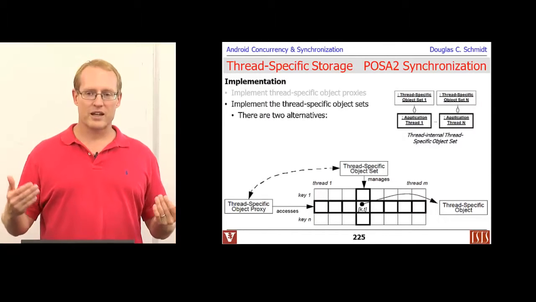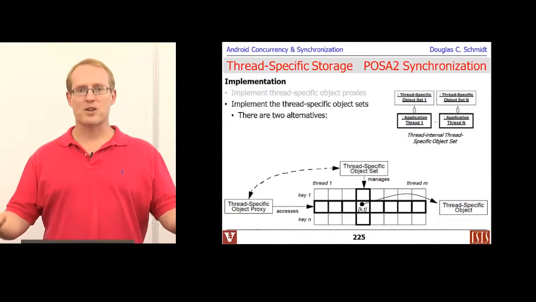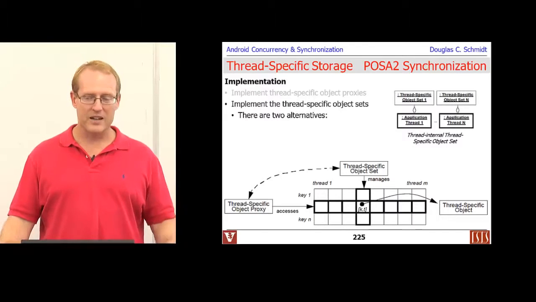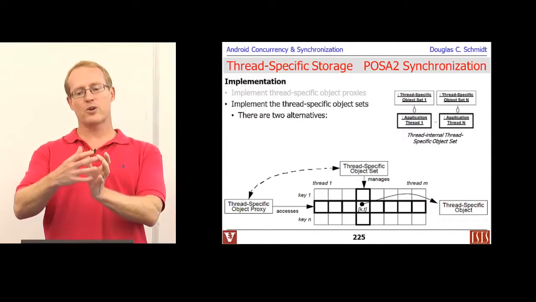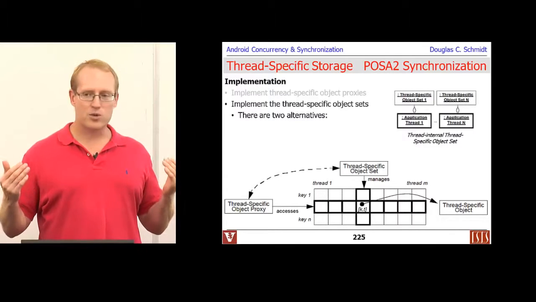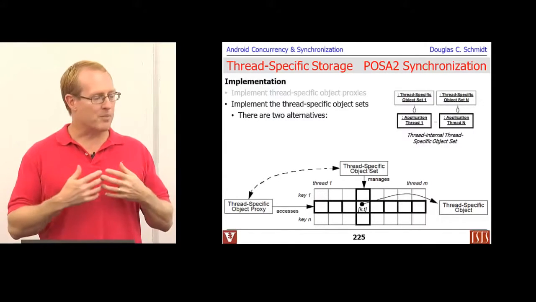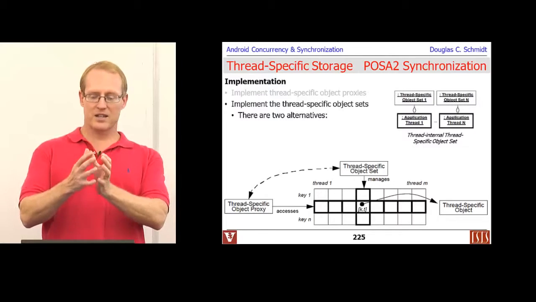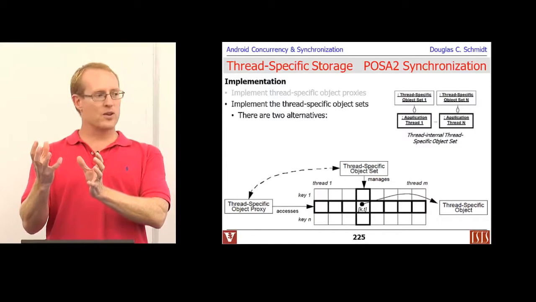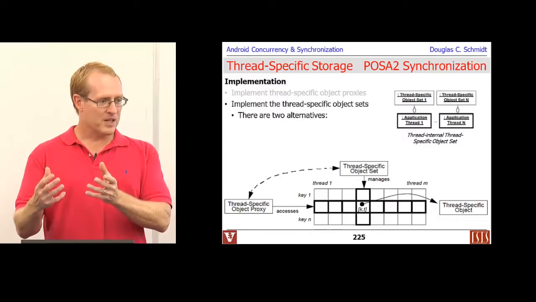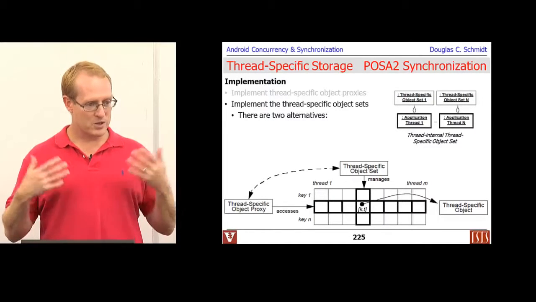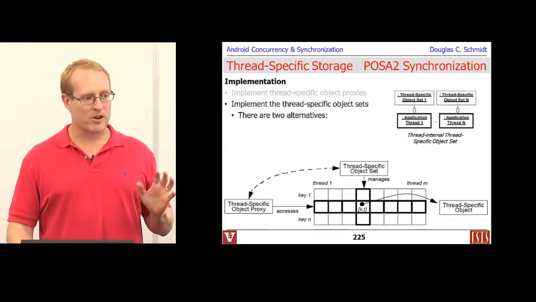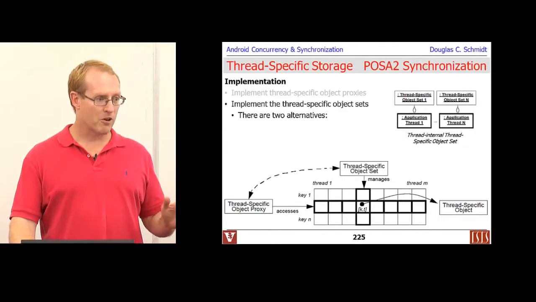So if you're using Java threads or POSIX Pthreads or something like that that has this built in, then what they'll typically do is reserve some space or a pointer to store some space in each thread control block. So every thread you have has some space that it uses to hold the thread-specific storage map. So that goes back to what you were asking. Each thread has its own map as opposed to sharing them. So that's one way to do things. And that turns out to be very efficient for a variety of reasons.